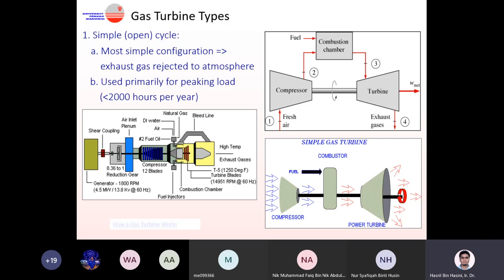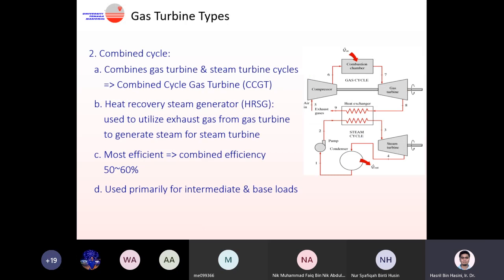And then you can also use the gas turbine for a combined cycle. A combined cycle power plant still has a gas turbine, and at the same time they are using a steam turbine to produce electricity as well. So you have two works.